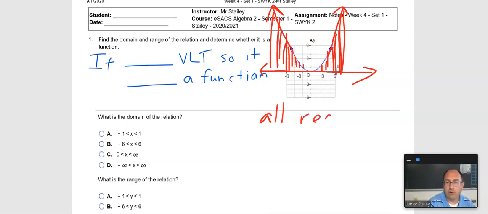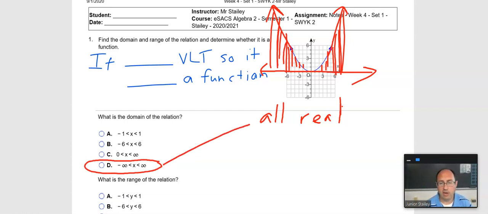Real numbers are anything: decimals, fractions, rational numbers, irrational numbers like pi and radical 2, and the nice numbers like 7 and 25 and -3. But that's the one that goes with all real numbers.